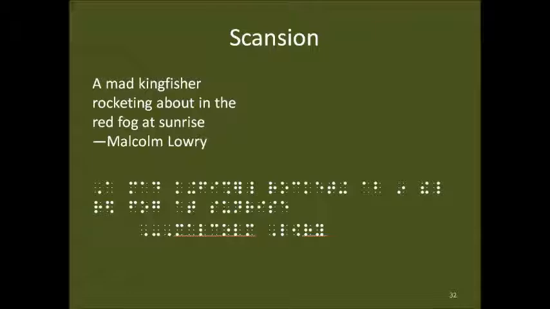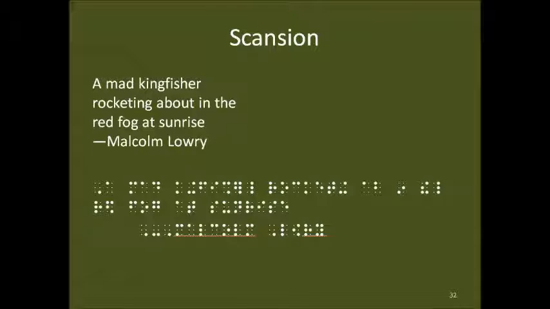So we have "a mad kingfisher," and we need to show that line is now ended with a Braille indicator. Again, the line does not exist in print. So that Braille indicator, that's 456, is unspaced from the previous line, but spaced from the next line. And then we get to "rocketing about in the," and again, it's unspaced from the previous line, and there would be a space if it wasn't at the line break before the next line, "red fog at sunrise."